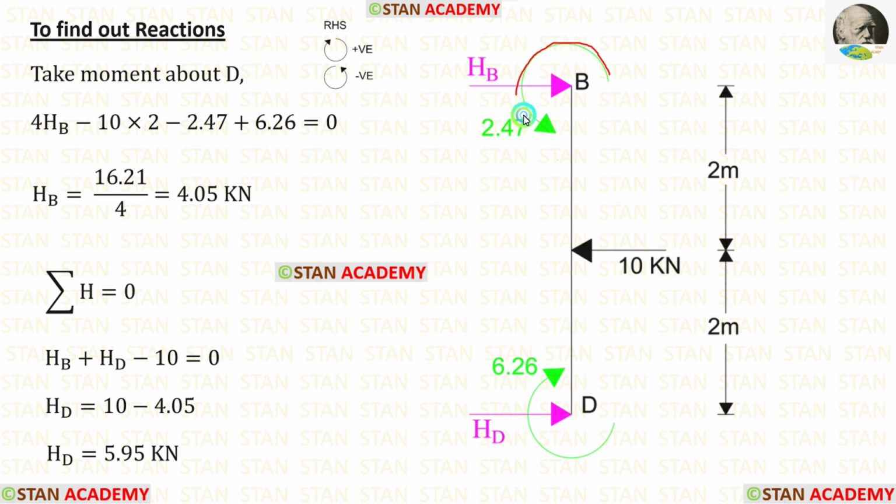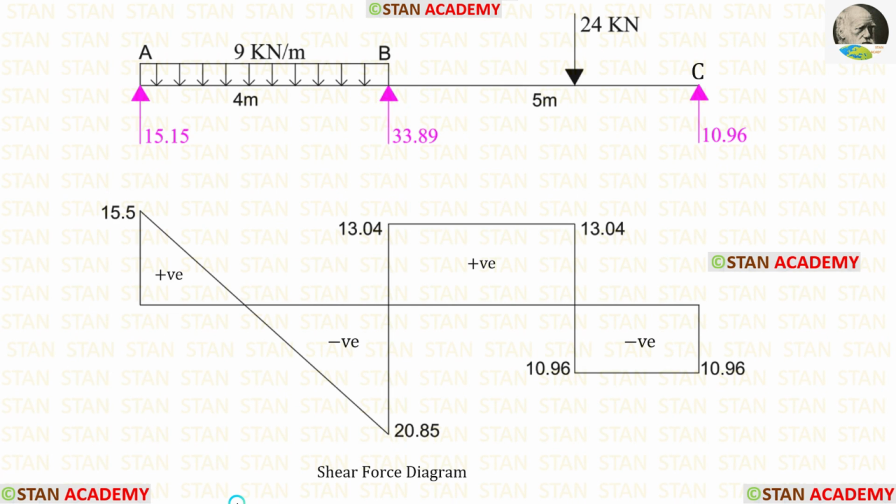This moment is acting in the anti-clockwise direction, so it will be negative, and this moment is acting in the clockwise direction, so it will be positive. Finally, we are getting HB. By applying the rule sigma H is 0, we can find out HD.